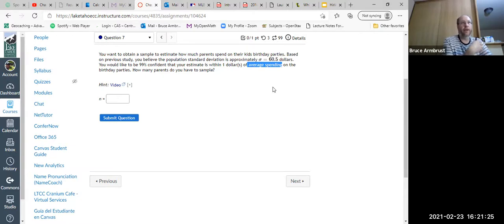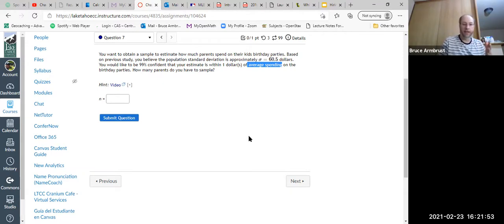Like if we're trying to find out what percentage of people work overtime, that's going to be a proportion, versus we want to figure out the average number of overtime hours worked. That's going to be means. But there's even the key word in here. You see that it says average spending. So this is going to be a means.